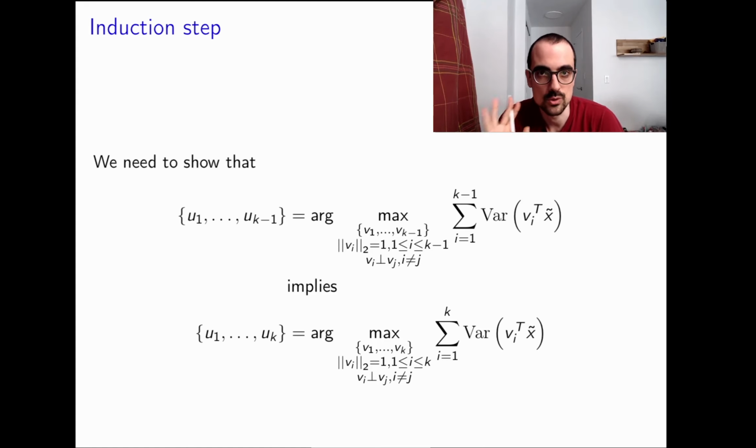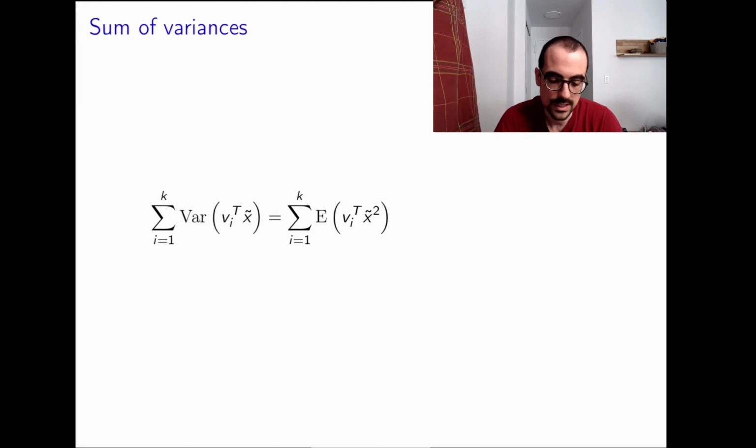So all we need to do is show that if the sum of the variances is maximized for the first k minus 1 principal directions, it's also maximized for the first k principal directions. Okay, so let's get to it. It's going to be easier to think about the expected value of the square of these inner products between v_i and x.